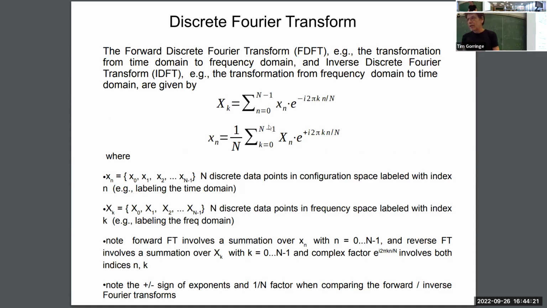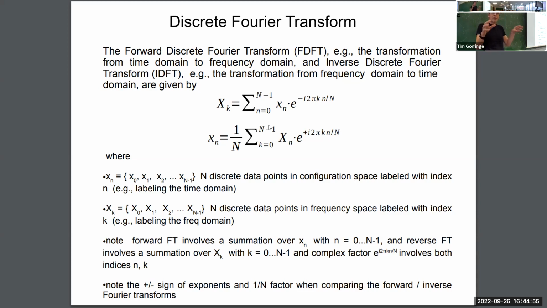Okay, so now let's get on to a bit more of the details. On this slide, I'm going to be worrying about discrete Fourier transforms of discrete data. We've collected some data and we want to make a Fourier transform of it. That data is often a function of time, and in my examples I'm going to think of it as a function of some discrete time.